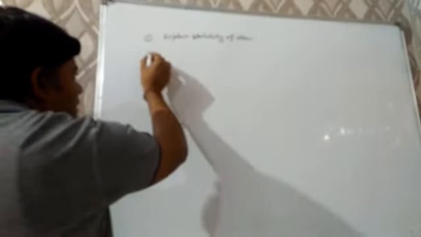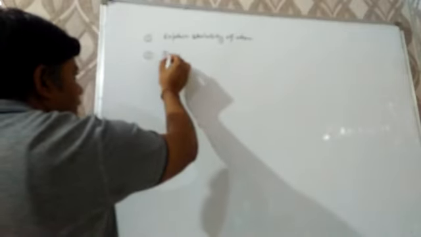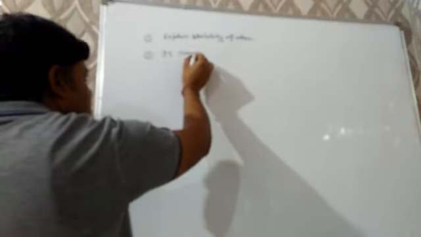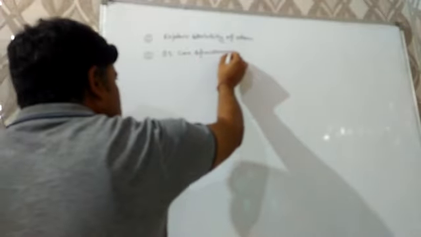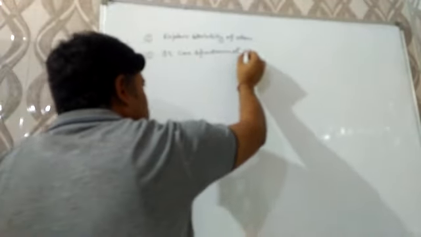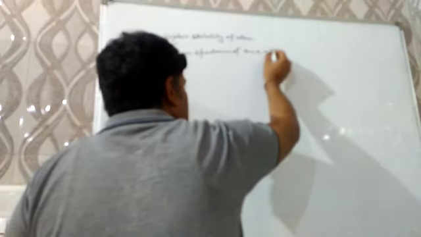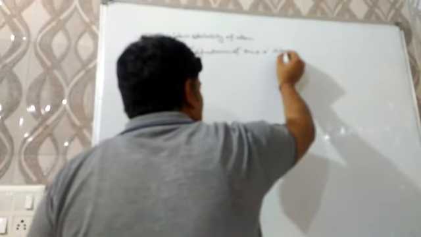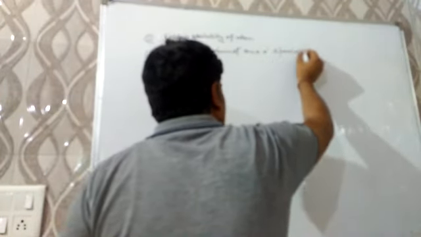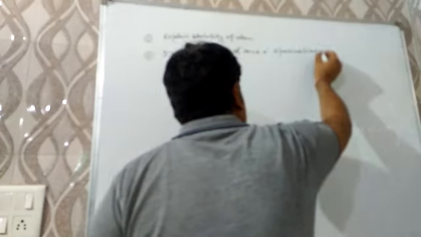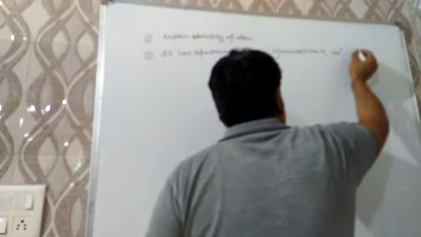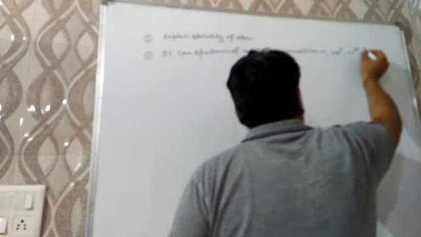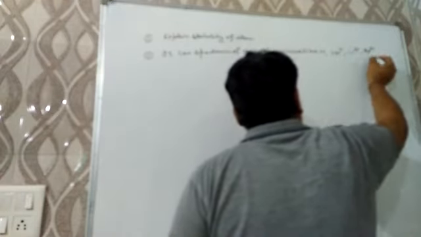Second, it can explain the spectrum of one-electron species like hydrogen, helium positive, lithium 2 positive, beryllium 3 positive.